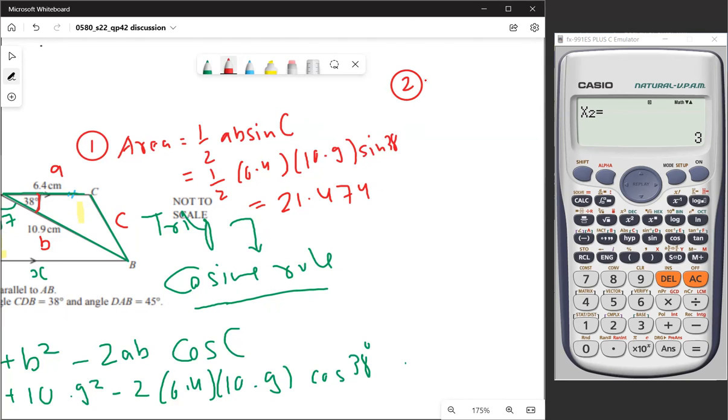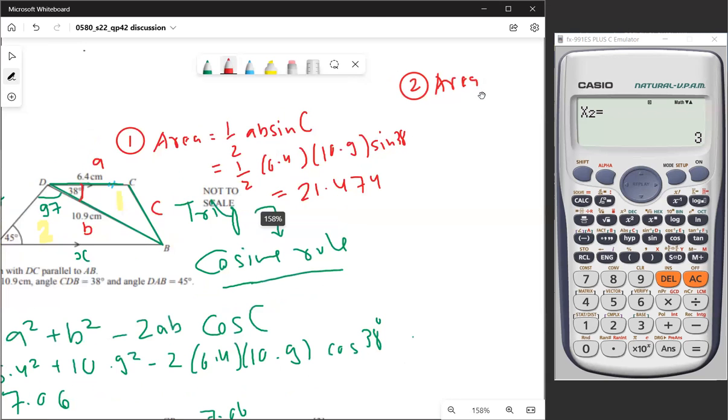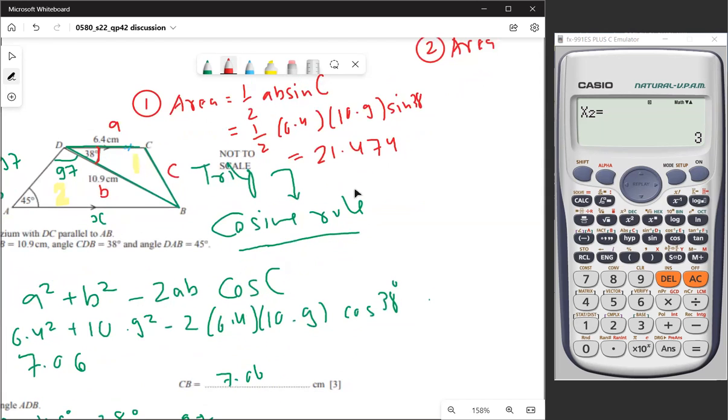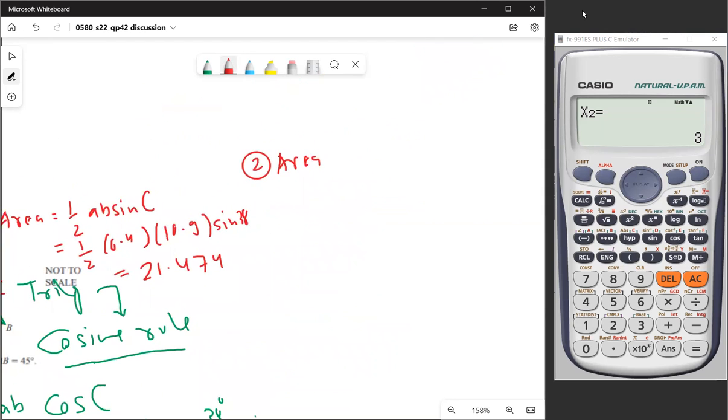Next up, let's say the second area. Again the same formula, half ab sine C. The sides I know the lengths of are 10.9 and x, which was 15.3.